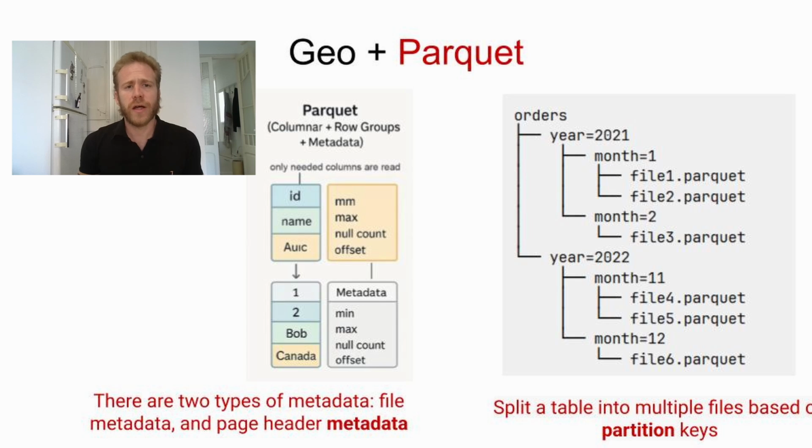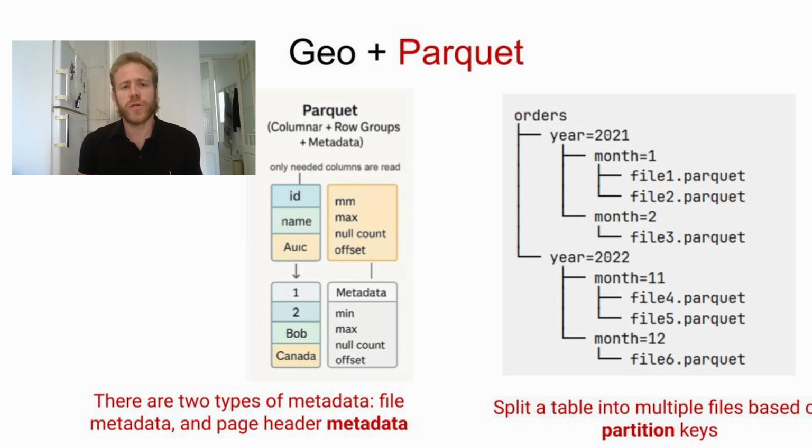Parquet files are not human readable, but they are self-describing. They contain metadata about the schema and data statistics. This includes min-max values for each chunk of data, which query engines use to skip reading irrelevant parts.